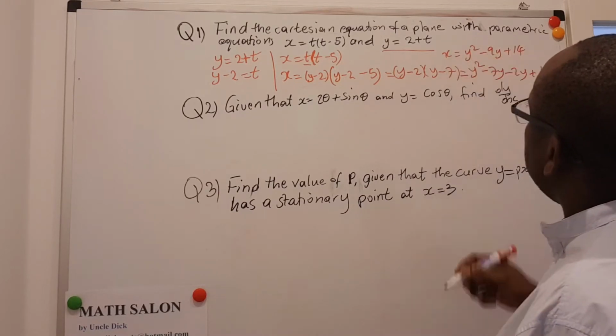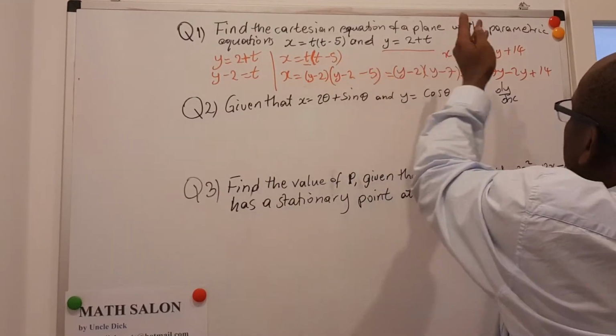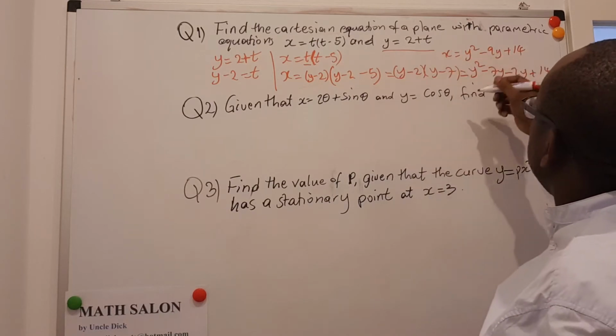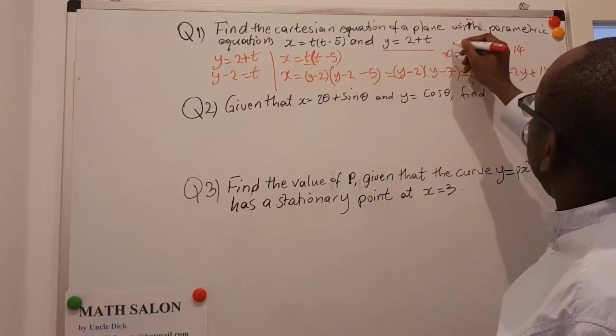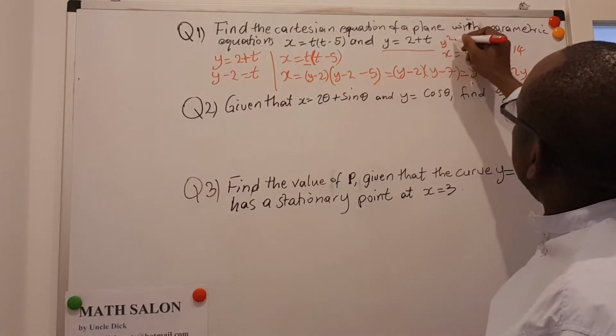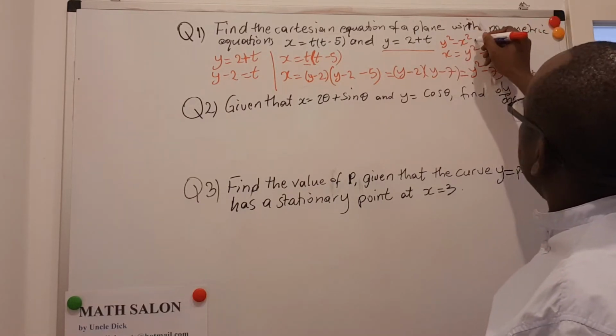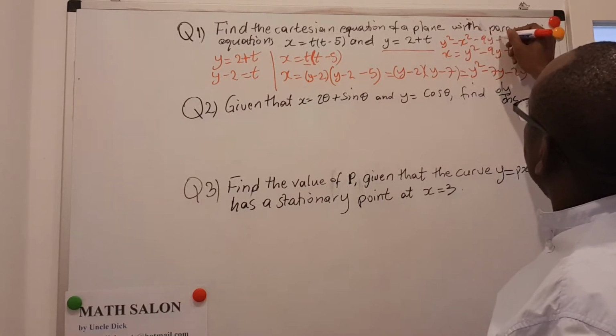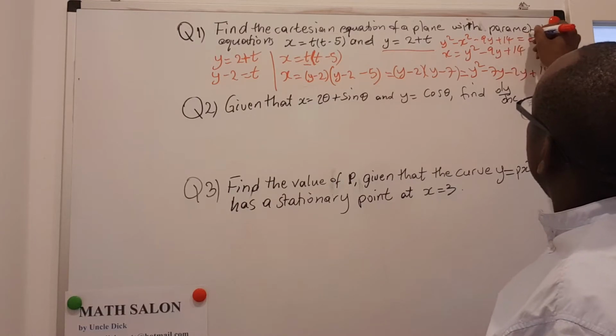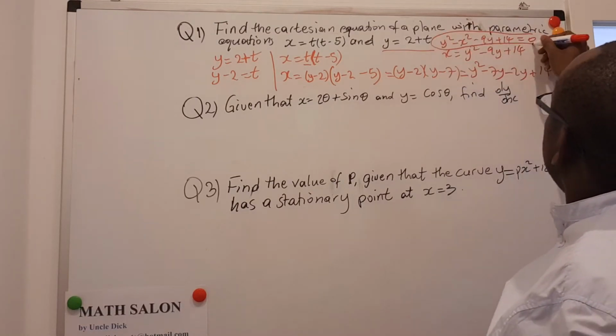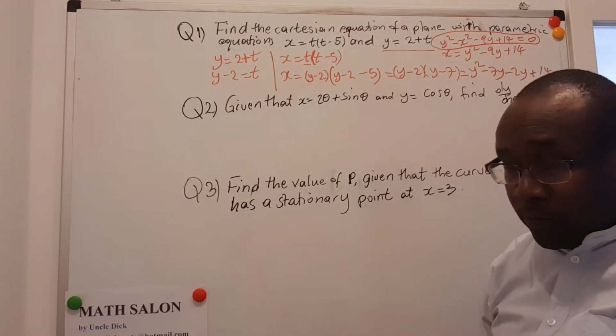X is equal to that. You can arrange everything neatly onto the right side. If I take x this way, then it will simply be y squared minus x minus 9y plus 14 is equal to 0. And that is your Cartesian equation of the plane.